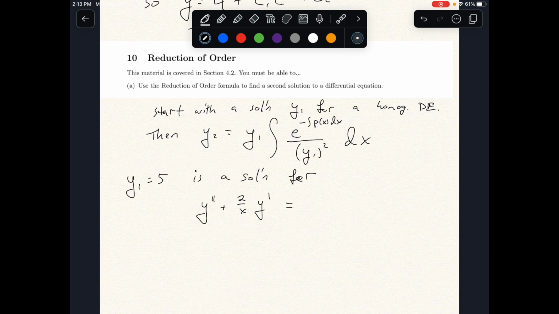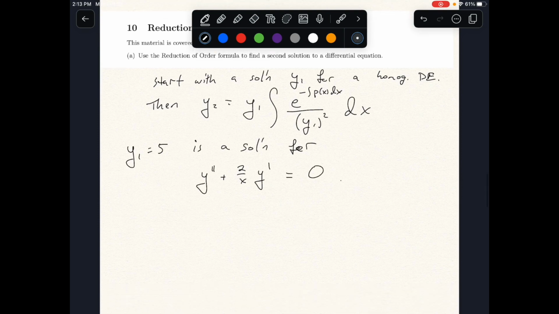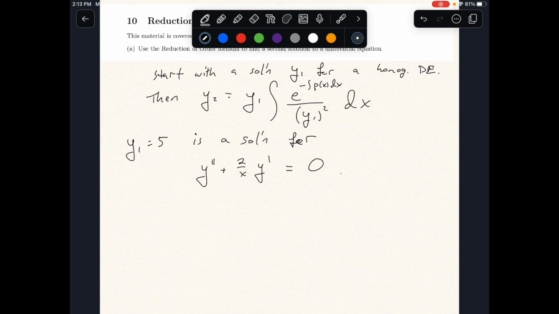So this is homogeneous, because the right-hand side is 0. And you can tell that this is actually going to be a solution because if you plug a constant function in, y prime is going to equal 0, y double prime is going to equal 0. So of course, plug in 5, you're just going to get 0 out.